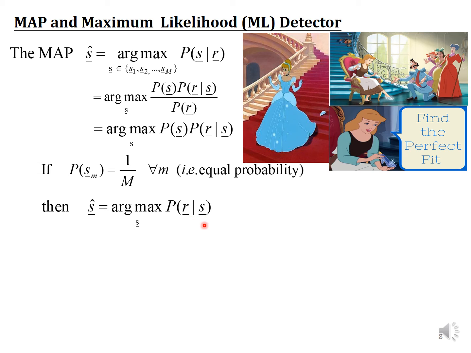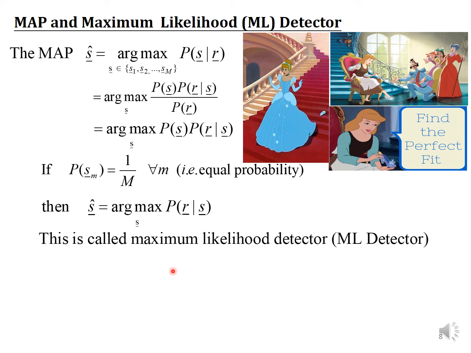This is called the maximum likelihood detection. It's called the ML detector. So with this equal probability assumption, this posteriori, this MAP detector becomes this ML detector.